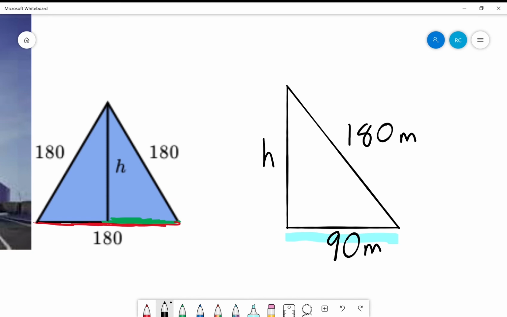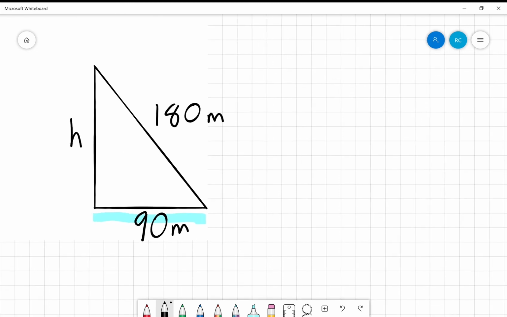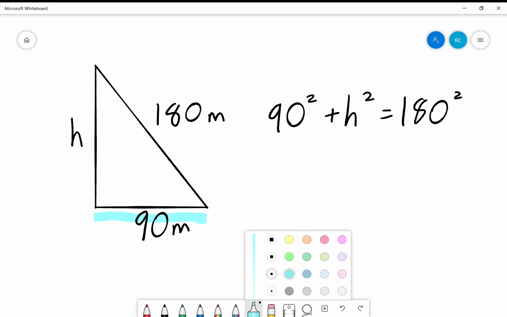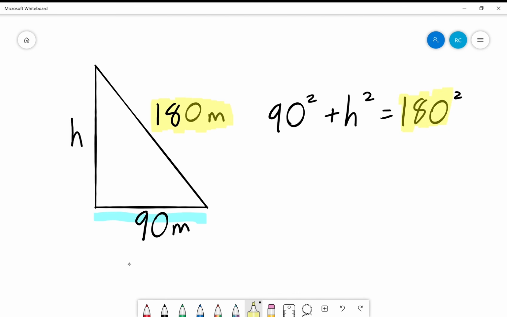From there, setting up the Pythagorean theorem should be pretty easy. 90 squared plus h squared equals 180 squared. Again, I know I keep saying this, but make sure that your hypotenuse, the longest side, is on the other side of the equals by itself, because that's c.